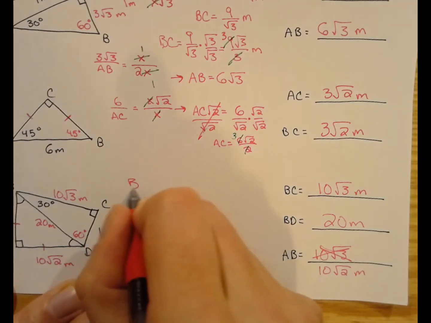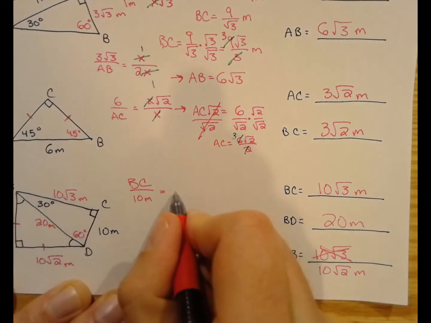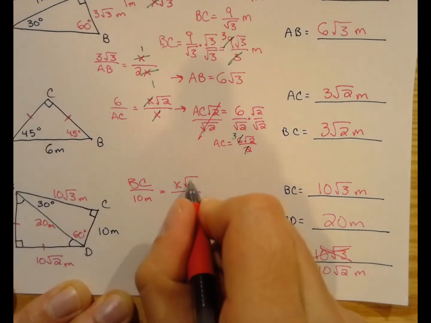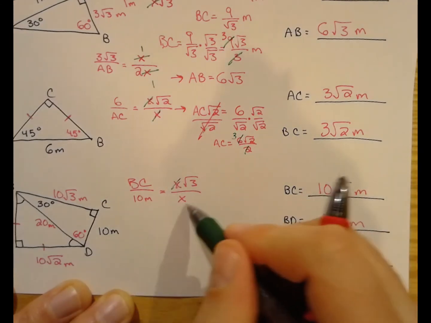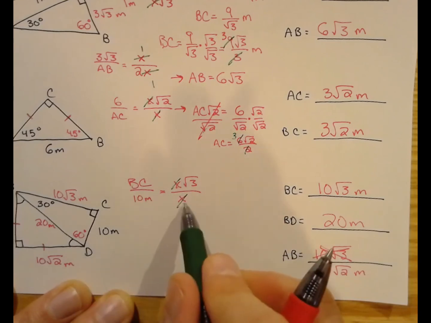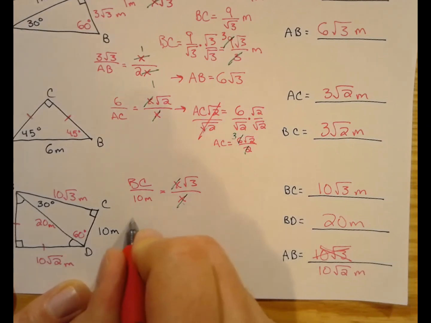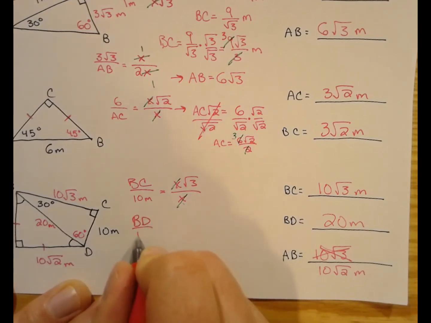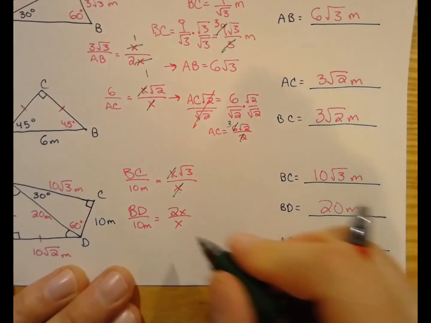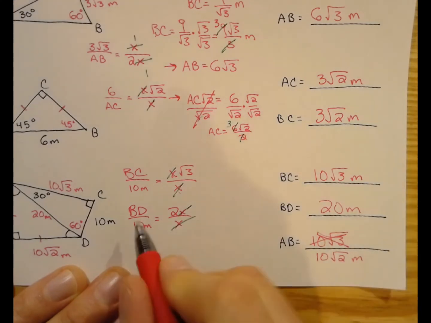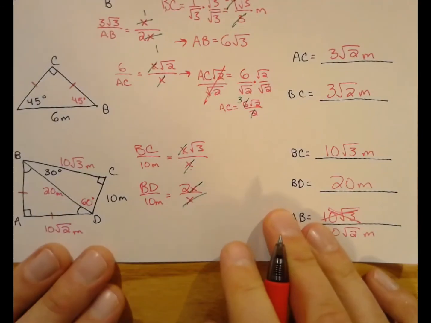So for BC, that's the longer leg, corresponds to x root 3. 10 is the shorter leg, corresponds to x. Factor, factor, cross multiply, BC times 1 equals 10 times root 3, 10 root 3. BD is the hypotenuse, that's 2x over the leg. Cross multiply, BD times 1 is 2 times 10, 20 in meters.